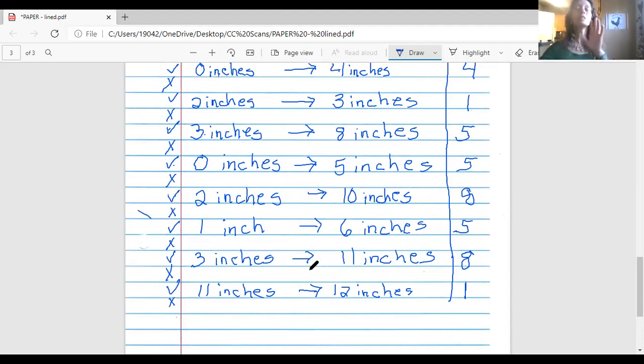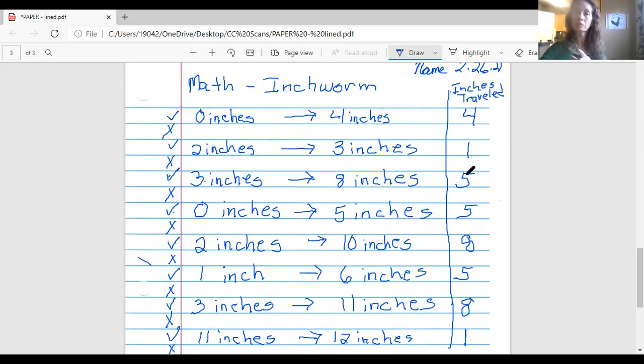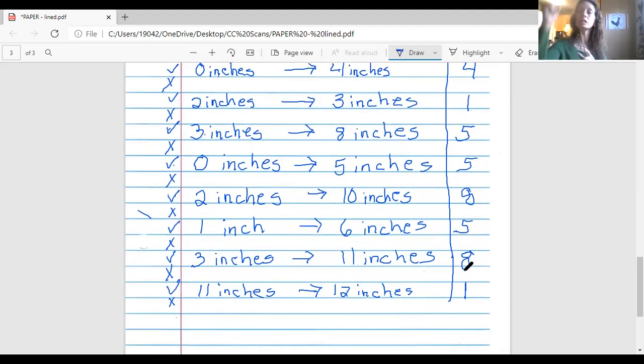How many times did he travel 5 inches? We've got 1, 2, and 3 times. So that would go on our line plot as 3 X's, okay? Maybe next week we'll do a line plot with something like this. We'll take this information and put it into a line plot because that's what we've been studying 2 weeks ago.